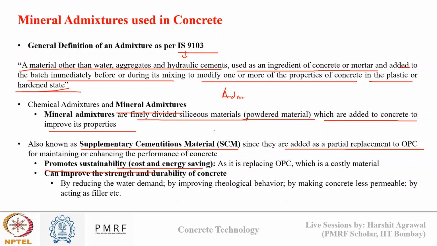And second, they improve the strength and durability of concrete, either by reducing the water demand, by improving the rheological behavior of concrete, by making concrete less permeable and denser, or by acting as a filler. By any of these means, they improve the strength and the durability of concrete.